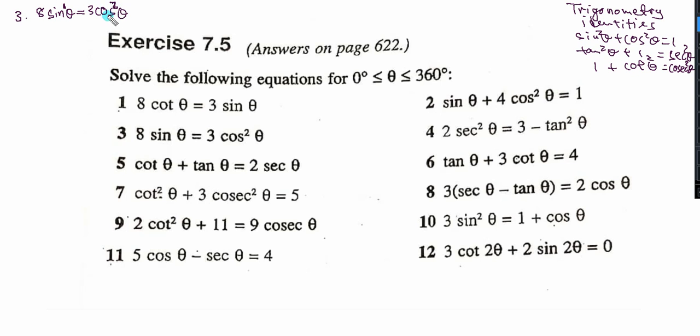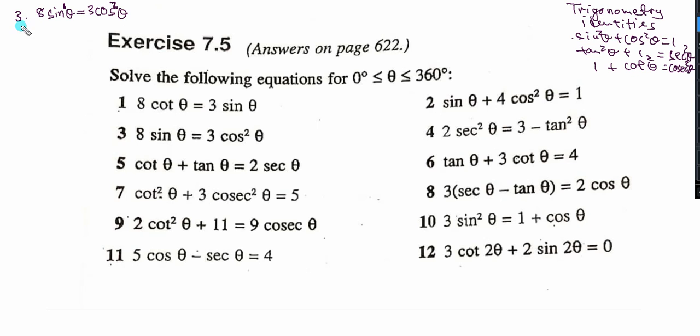That means I have to convert the cosine squared theta to an expression in sine theta. If you make cosine squared theta the subject, then cosine squared theta is equal to 1 minus sine squared theta.